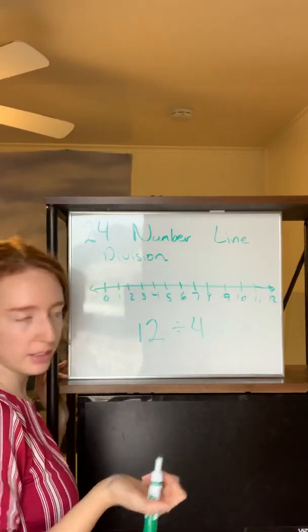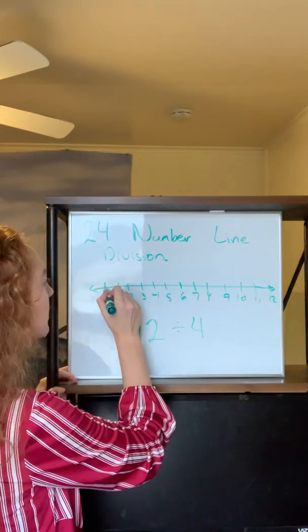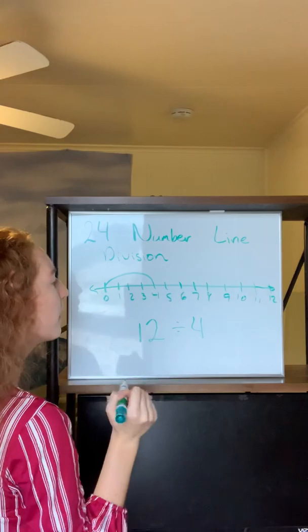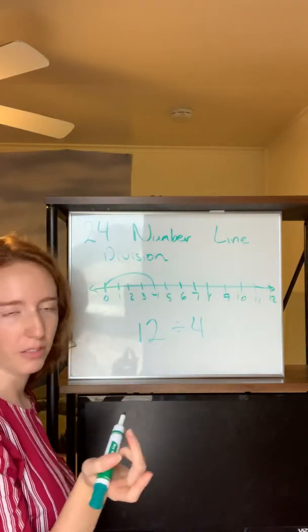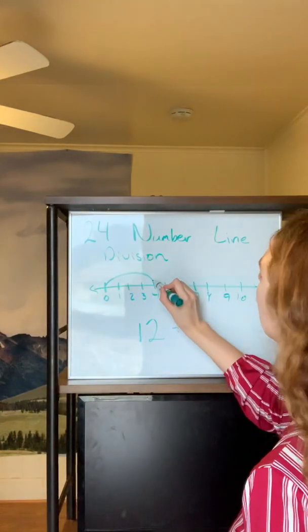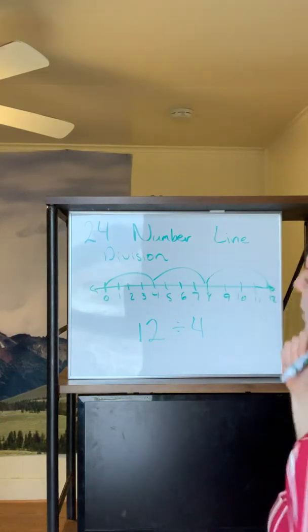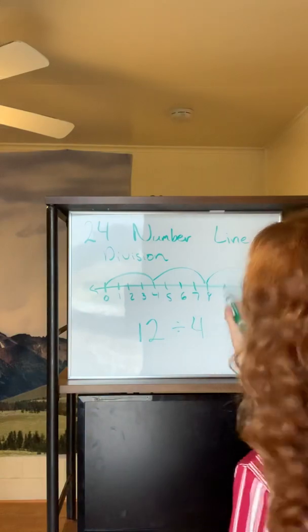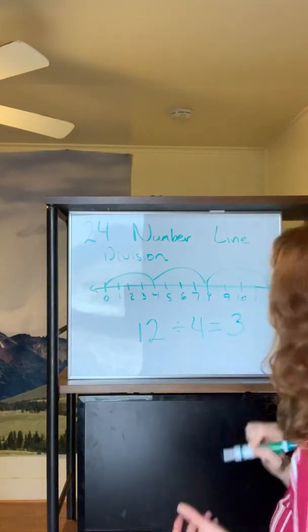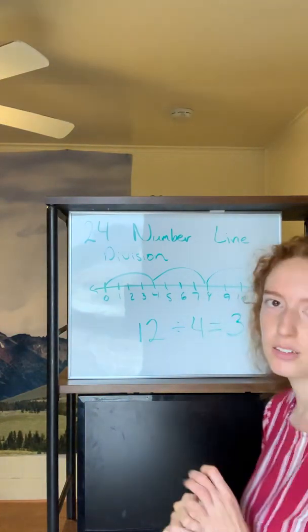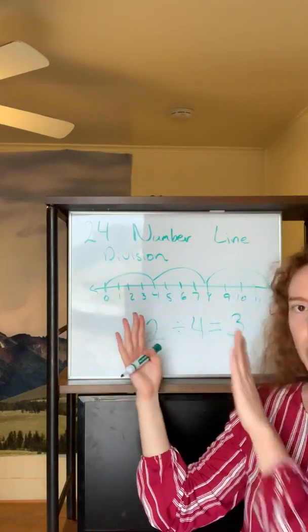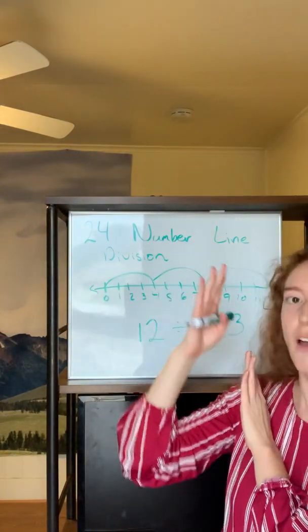The way the book explains that you could do this is saying, okay, let's see. Well, if I had 1 group of 4, 1 so far, that's not 12 yet. What happens when I consider 2 groups of 4? I get over here to 8, not yet. And 3 groups of 4, and bam, I made it. So evidently, 12 divided by 4 is 3, because I have allocated 3 groups, 3 jumps to get all the way to 12 if I was jumping 4 at a time.